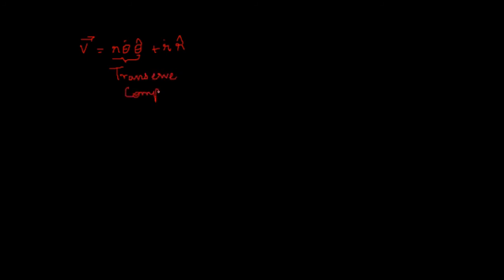This is very important for your problems. So we can say this is the transverse velocity term. And this term, r dot into r cap, can be said to be the radial component of velocity. So this is nothing but the radial velocity.